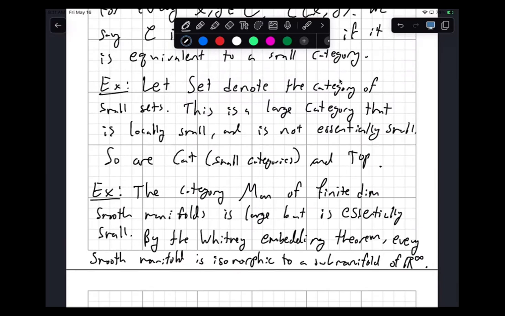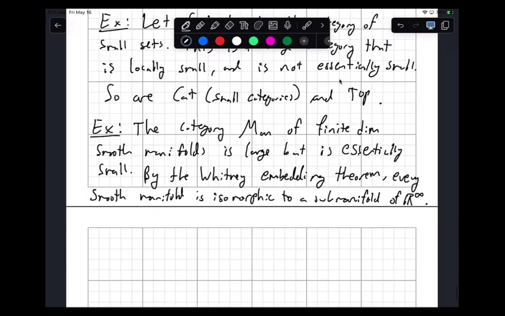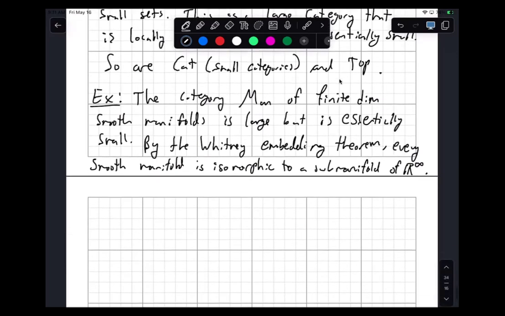That's not a finite set, so it's not small. So the category of finite sets is not essentially finite. And then the same argument with some other cardinal will go for any size U. Exactly. Good point.